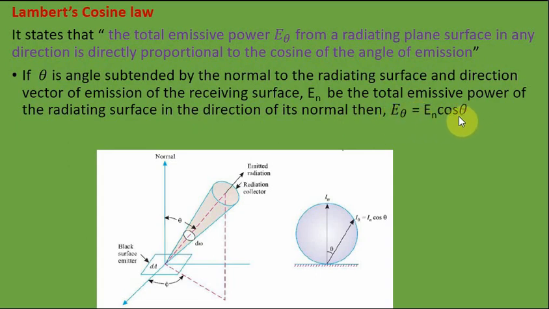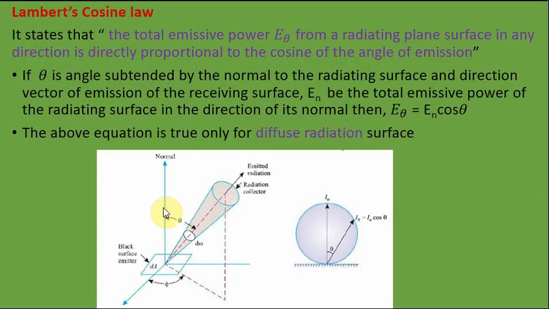That is, if you want to find the emissive power in a particular direction, E theta, you simply multiply the normal emissive power En, the emissive power emitted perpendicular to the area dA, by cos theta.